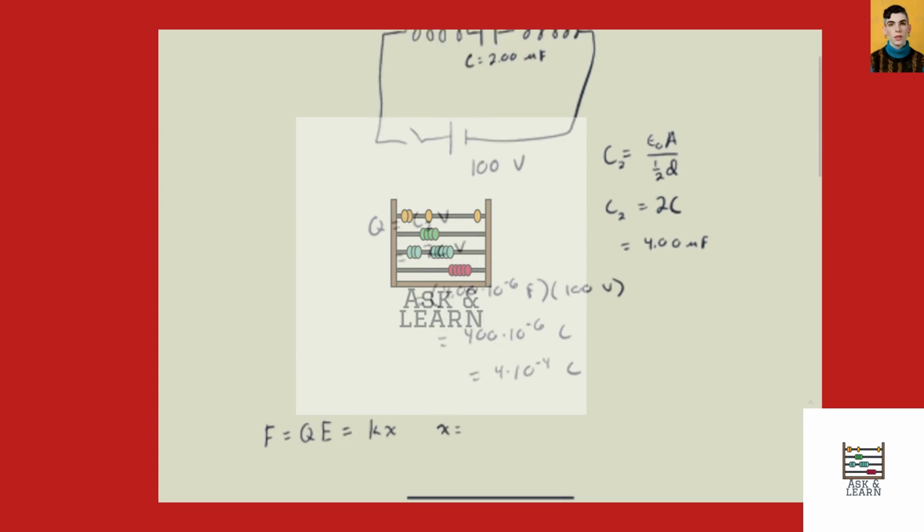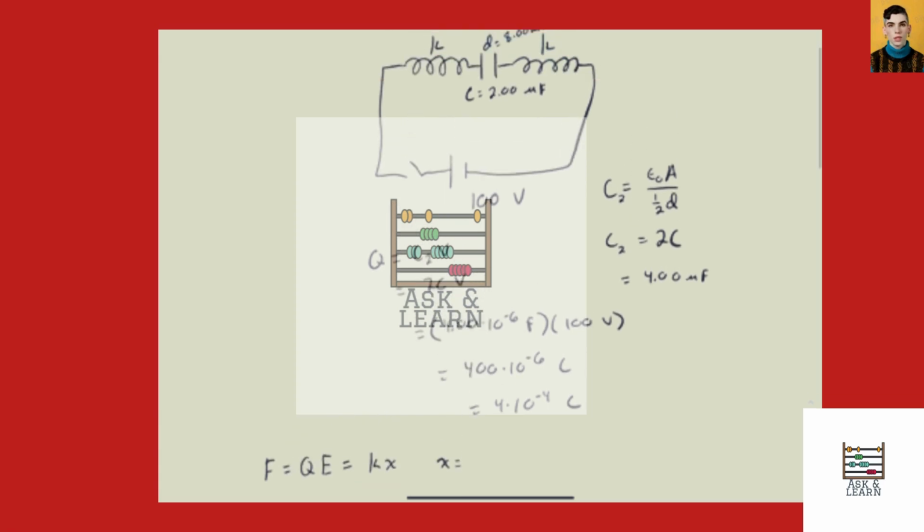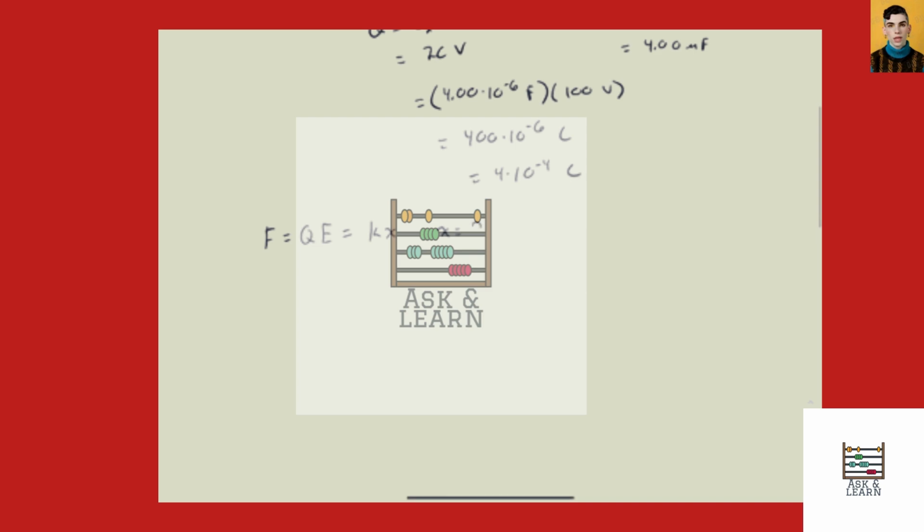And that's going to equal Kx. And x is going to be, well, the plates have to move a total of 4 millimeters. So either plate is moving 2 millimeters on each side. So the springs are going to increase by 2 millimeters in distance.